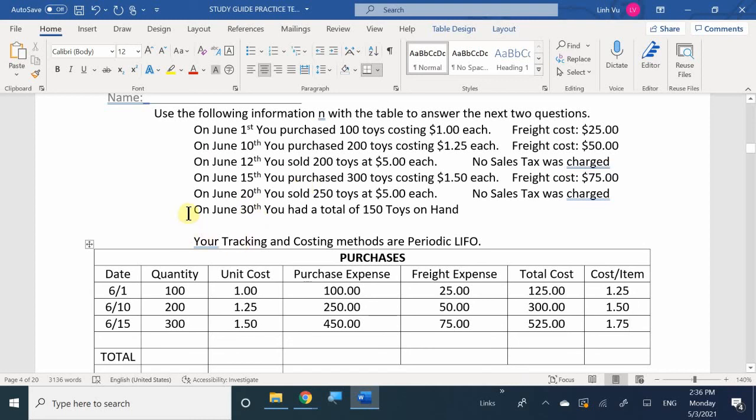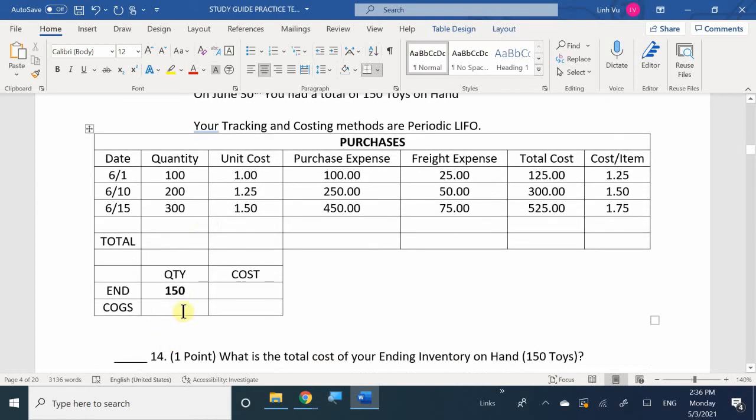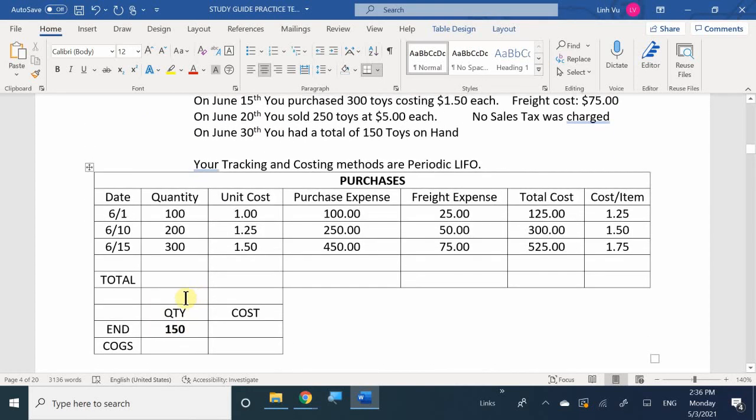Then what happened on June 30th? I already have it there. So what's my total here? 600 items. Total purchase price? 800. My freight? 150.